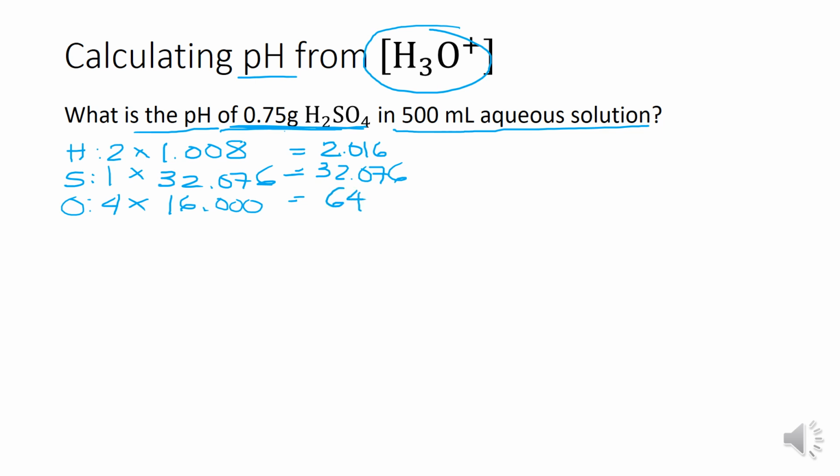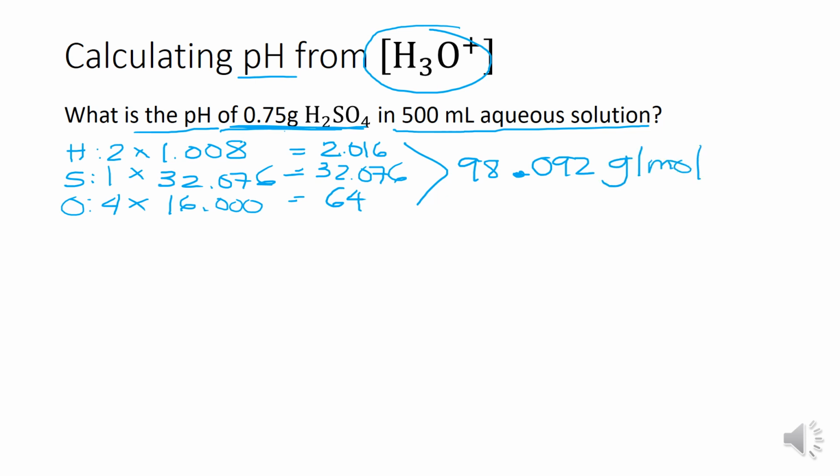Let's get the total for the molar mass: 2.016 plus 32.076 plus 64, and the answer is 98.092 grams per mole.